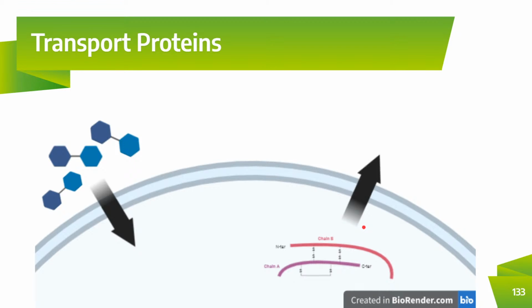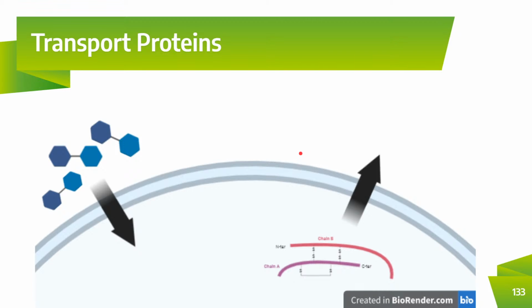So this is a very, very important function that is taken on by transport proteins. Because if you think about it, if you were just to poke holes into the plasma membrane, everything could come in and everything could go out, which is not very desirable, because maybe things that you want to keep in would just fly out and go away.